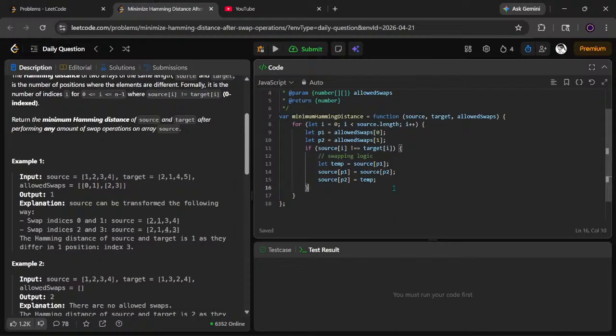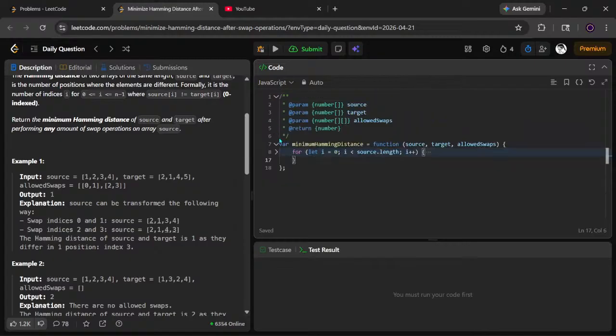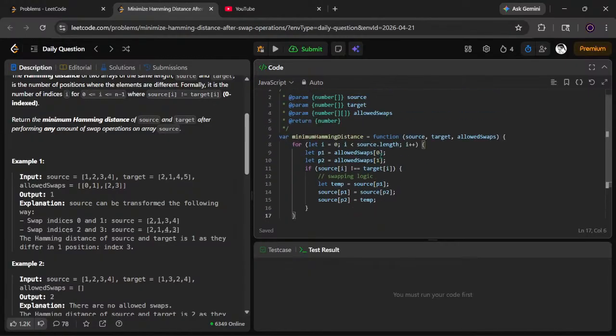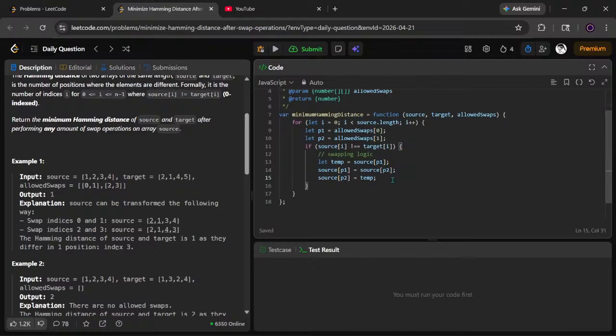Do we need a double loop for this thing? Like, what the hell? I think we need a double loop, like i and j. p1 plus plus and p2 plus plus.